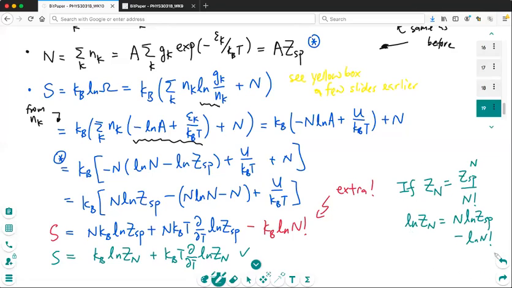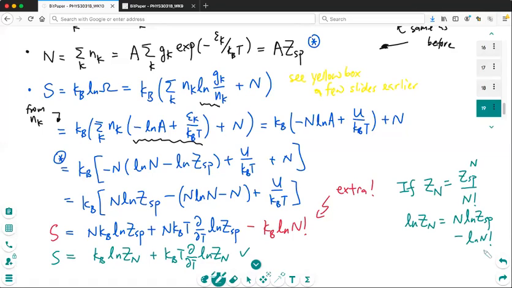You need to write it like this, and you can check the energy, right? You already know, I already said that if you check the energy, it doesn't really give you trouble whether you have n factorial or no n factorial because of this derivative in front. You differentiate with respect to temperature, but this does not depend on temperature. Okay, but the problem really shows up in entropy, and this entropy will be wrong.